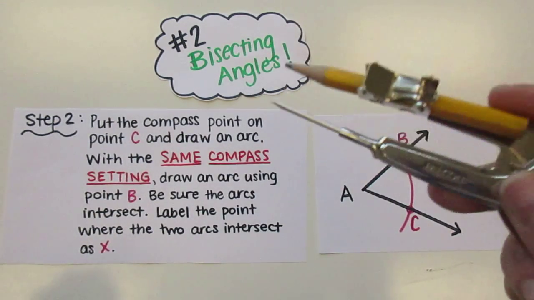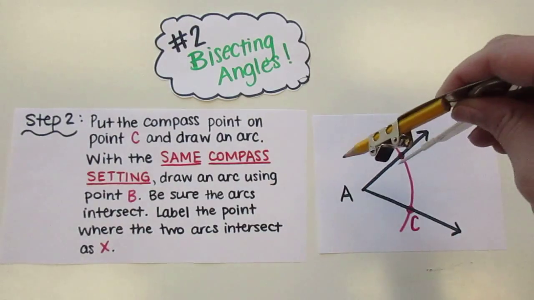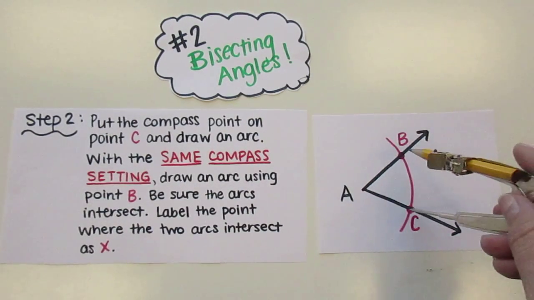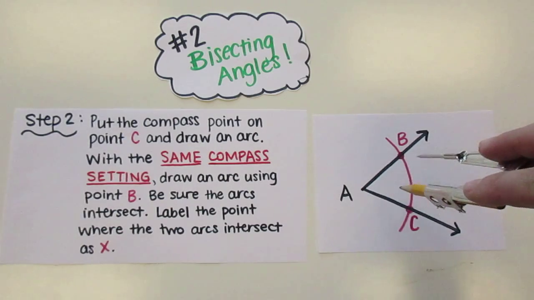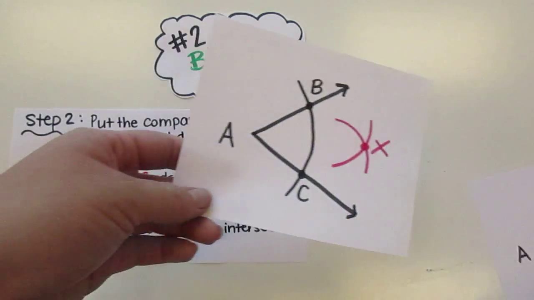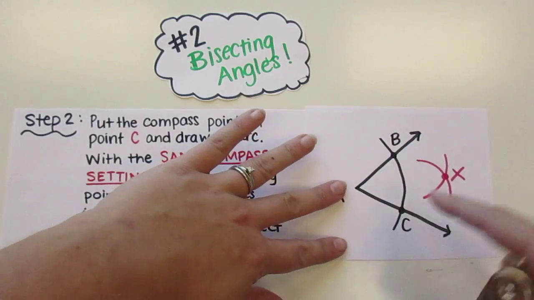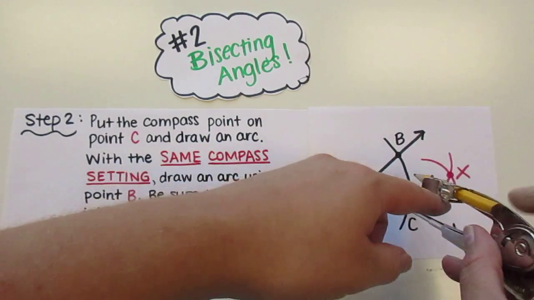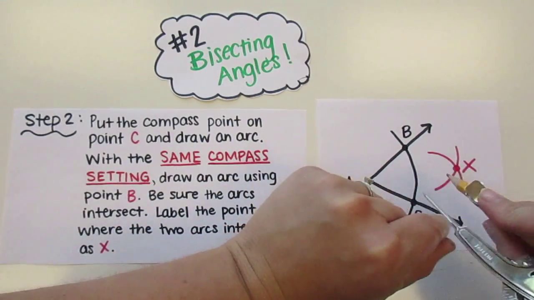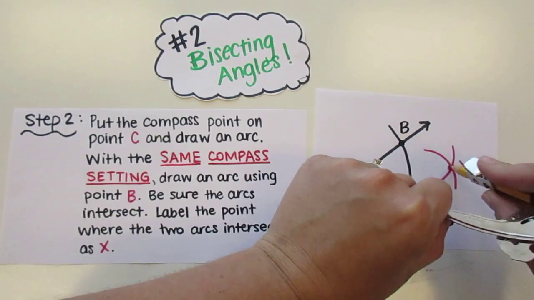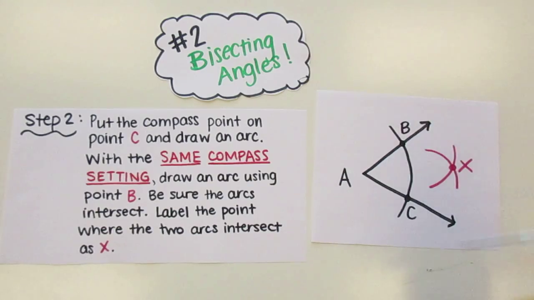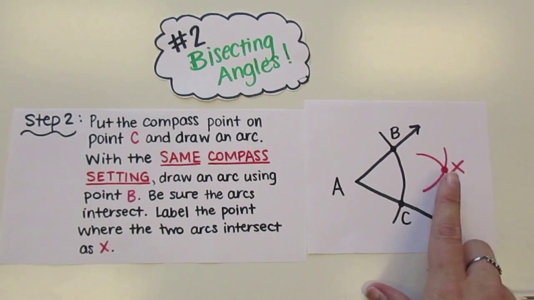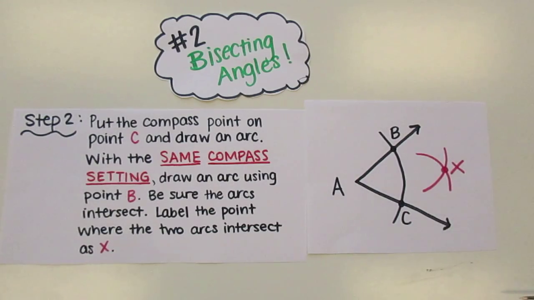But with the same setting, I'm going to do the same thing for point B. So I put my compass on point B and draw the arc at the same distance. If you look here, I put my compass here and I drew this arc. And then I put my compass on B and I have the same distance. It's the same setting. So now that point where those two arcs intersect is labeled X.